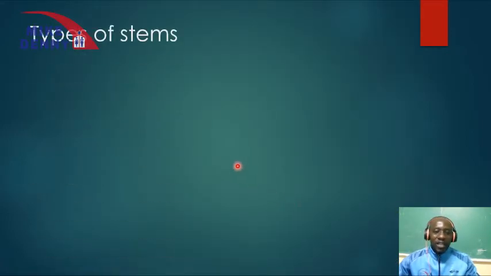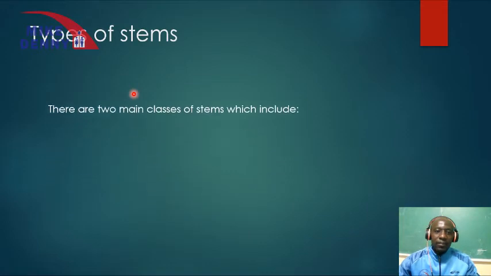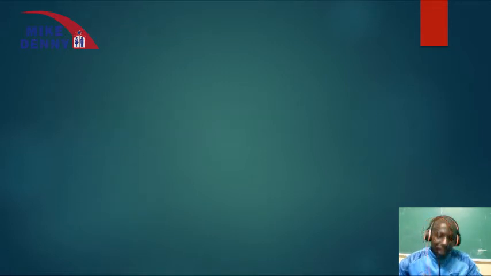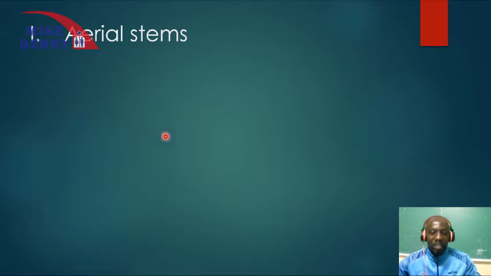The types of stems. And like we said, we have aerial stems and underground stems as the two main classes of stems. And under aerial stems, examples of the different kinds of aerial stems.